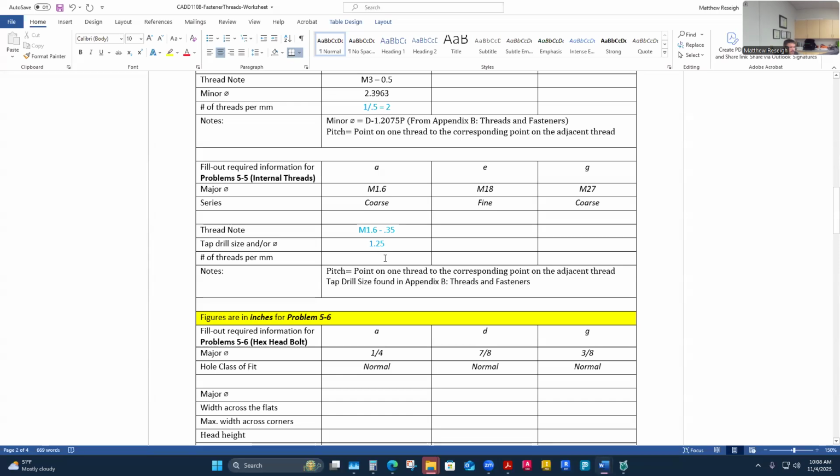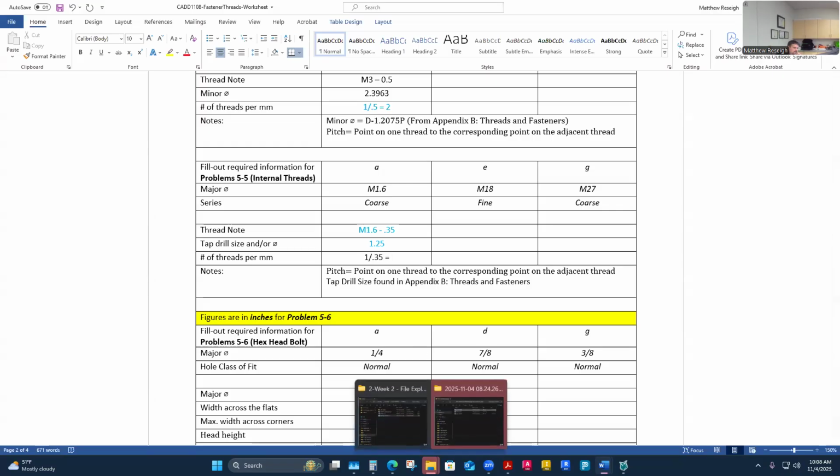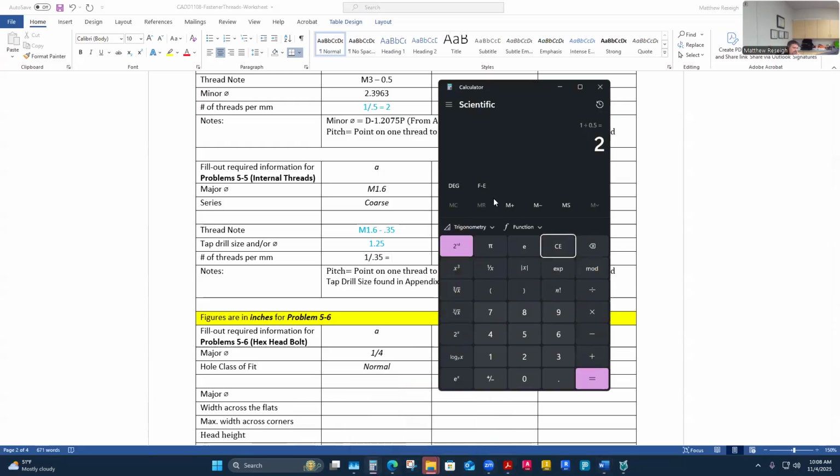And then the threads per millimeter will be the same way here. If I'm 1 millimeter, I'm going to divide that by the pitch 0.35. And that should be my threads per millimeter. 1 divided by 0.35. I get some weird odd number probably. 2.86, I guess I'll round this to. Why I didn't round to 4 decimal places, I don't know.